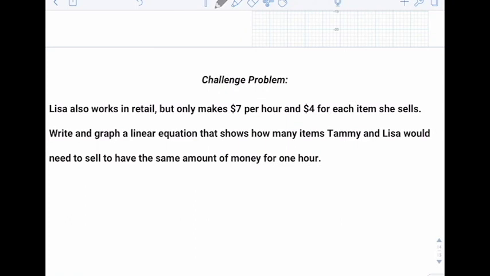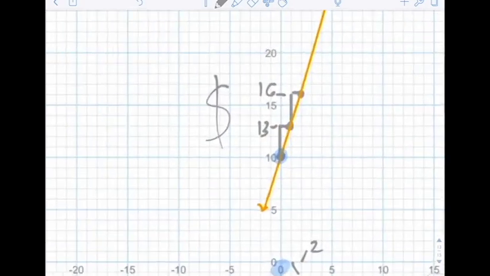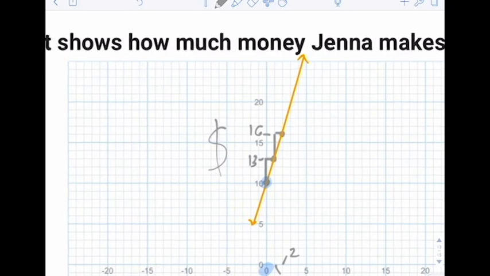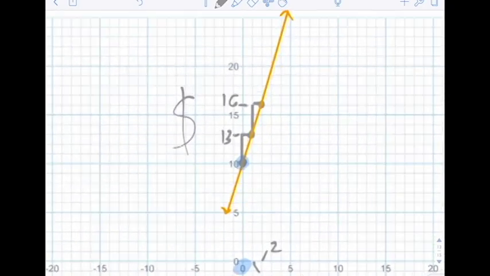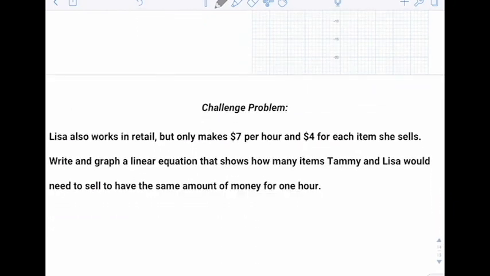And graph a linear equation that shows how many items Tammy and Lisa would need to sell to have the same amount of money for 1 hour. So I'll give you a hint for that one. It is where their 2 lines meet, the point there. Okay, so go ahead and try that on your own. And if you have any questions about the challenge problem or any of the other problems, let me or Mr. Lewis know.